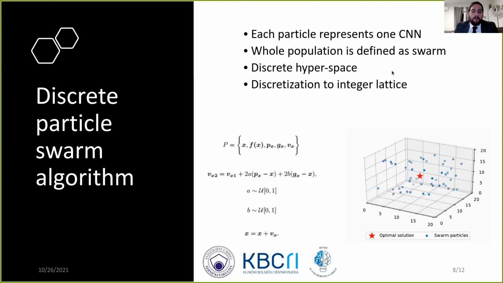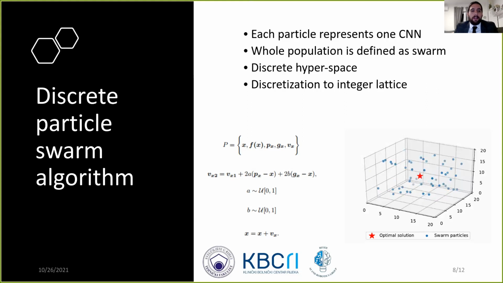One difference between this discrete particle swarm algorithm and the particle swarm optimization algorithm is the fact that in this case, the hyperspace that is used for search through the hyperparameter space is in fact a discrete or integer lattice.